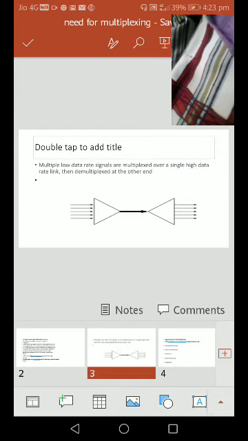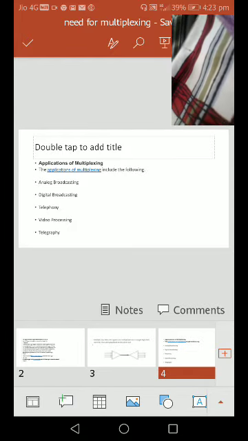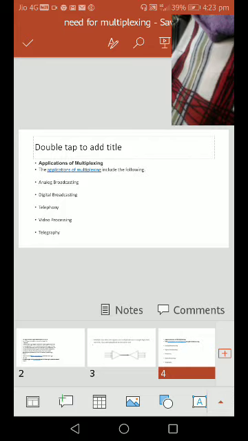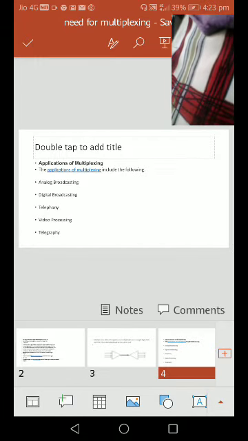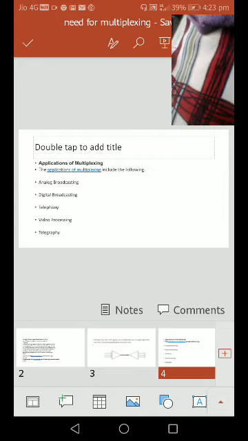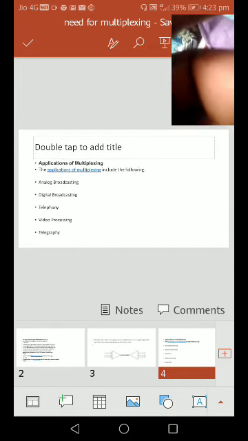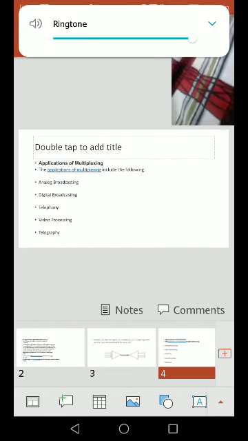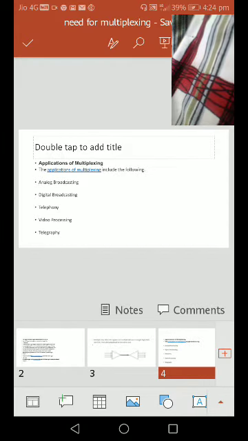The next slides of this multiplexer will be shown here. There are many applications of multiplexing. The applications of multiplexing include analog broadcasting and digital broadcasting, and broadcasting of high frequency signals.